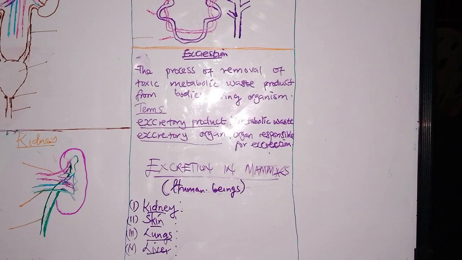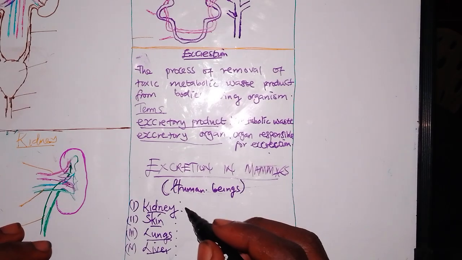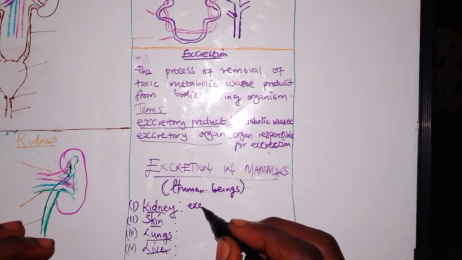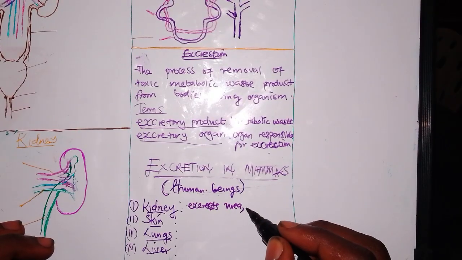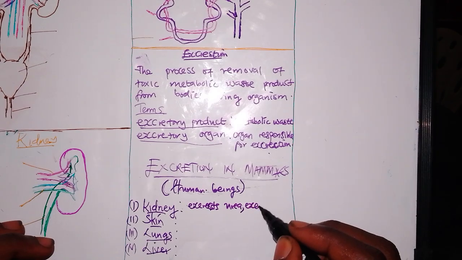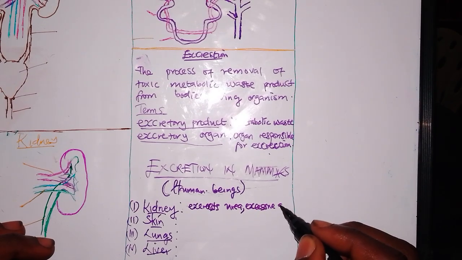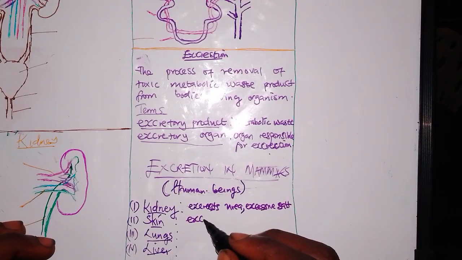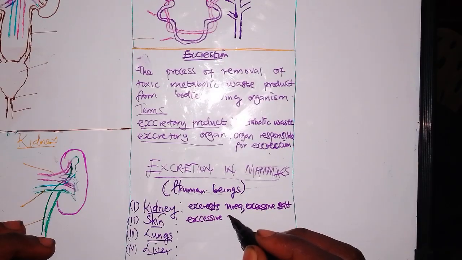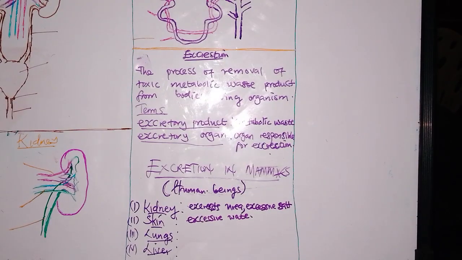The kidney and skin basically excrete the same type of excretory product, or the same type of waste. What do we mean? The kidney excretes urea, excessive salt, and excessive water.